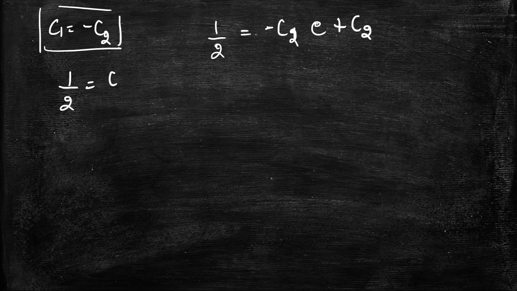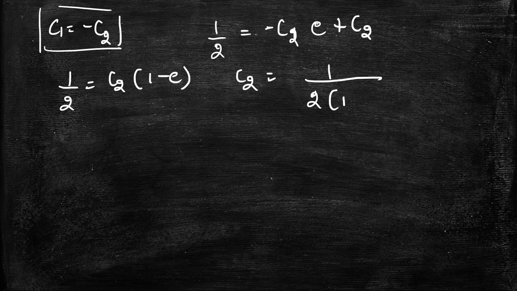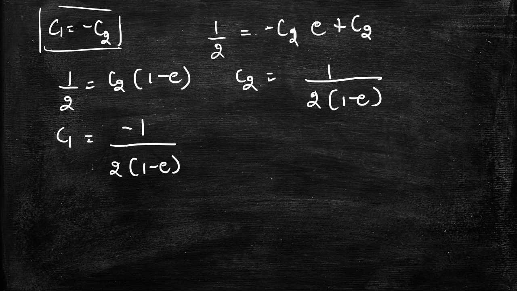So half is equal to c2 into 1 minus e. So c2 will be 1 by 2 into 1 minus e, and c1 will be minus 1 by 2 into 1 minus e. We'll just have to substitute in the solution.